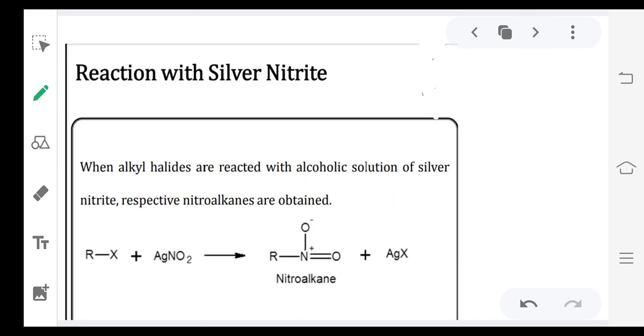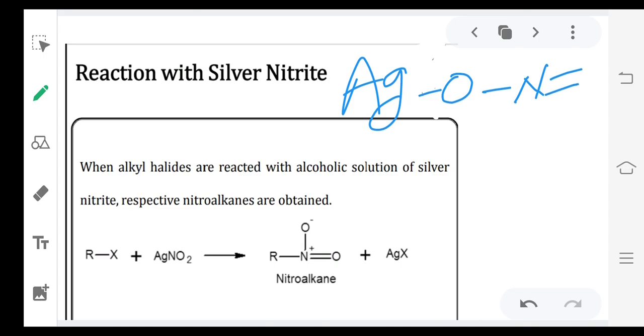Next, reaction with silver nitrite. So silver nitrite means we'll get Ag, O, N double bond O. So this is a covalent bond again. So this bond is a covalent bond. That's why the lone pair on nitrogen will attack this carbon.